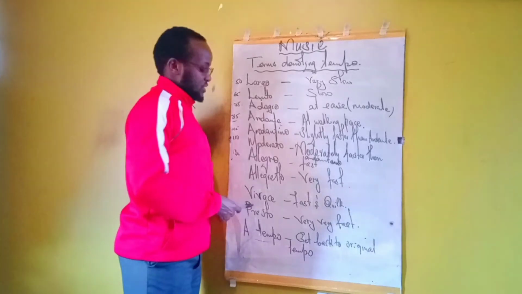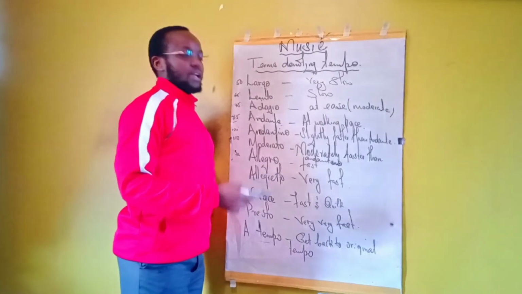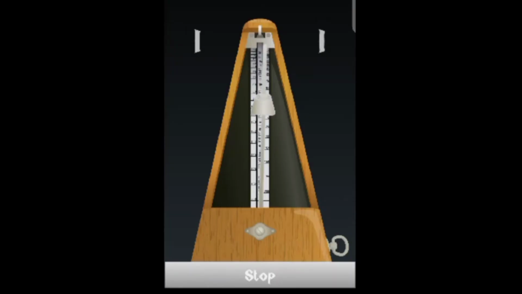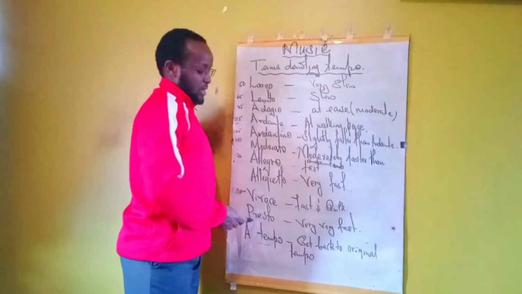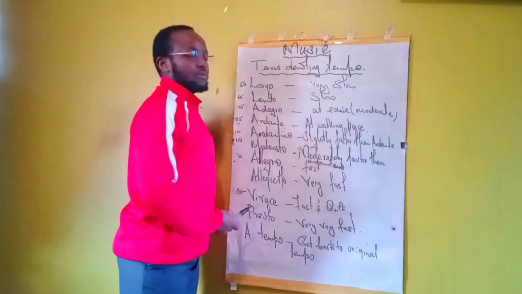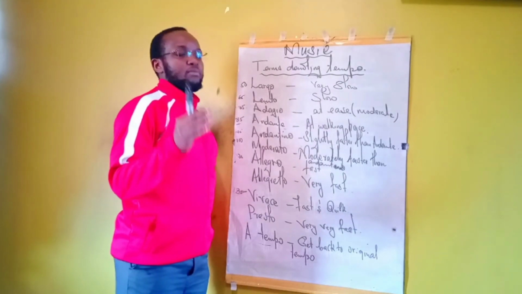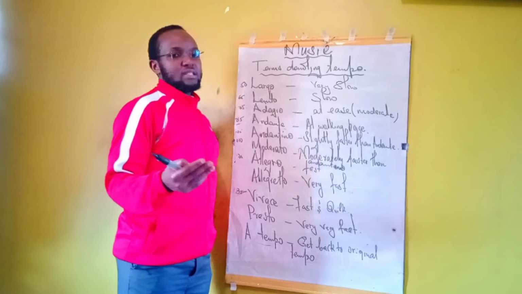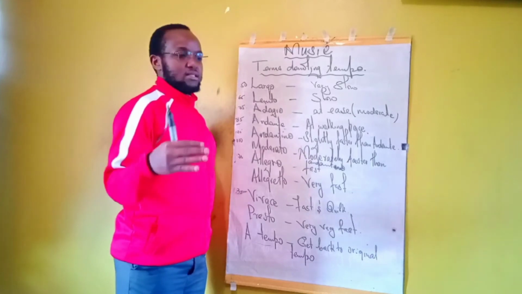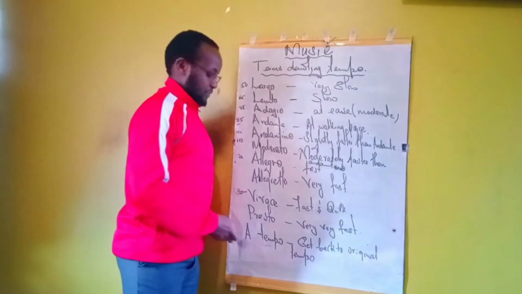We have vivace, which means very fast and quick. There is now this other one called presto. Presto is very, very fast, any pace above the meter of 150.